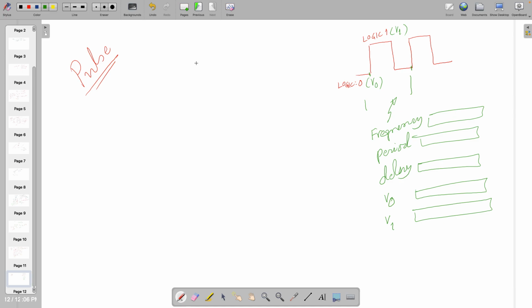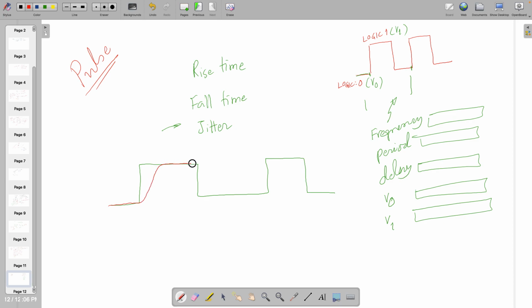Those things are rise time and fall time. Sometimes some advanced simulators will add jitter also. Rise time and fall time refer to the signal. You might think that a square wave looks like this, but in reality it is not. You will see something like this.